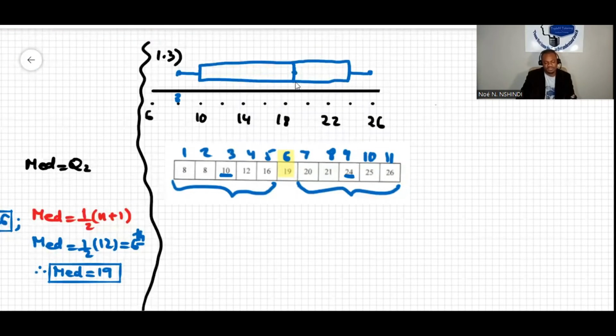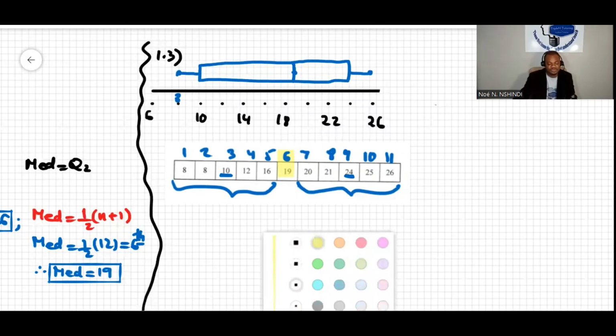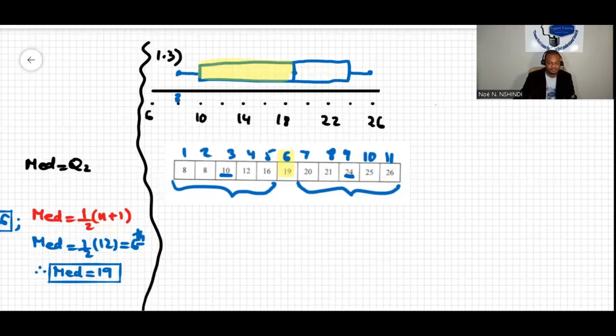If we look at the box, the median is more to the right. Therefore, we will say that the data set is skewed to the left.